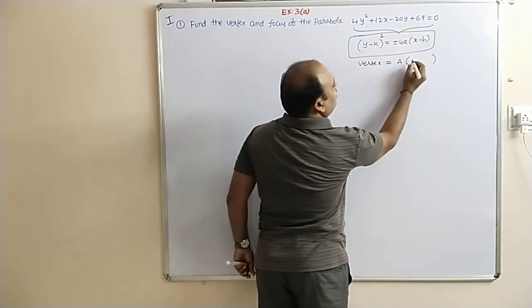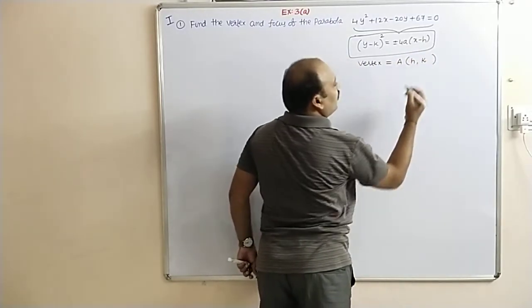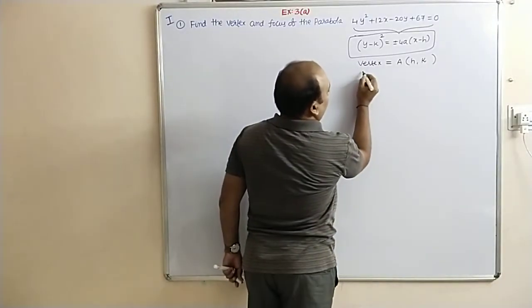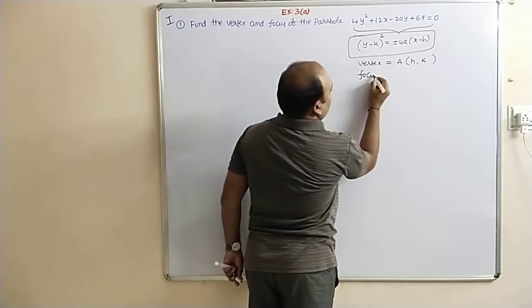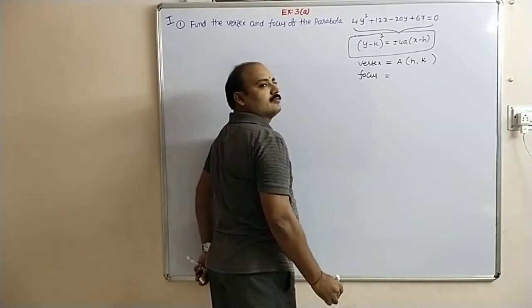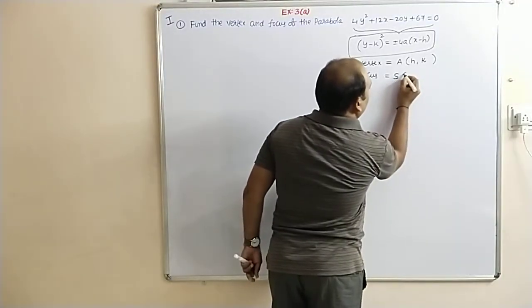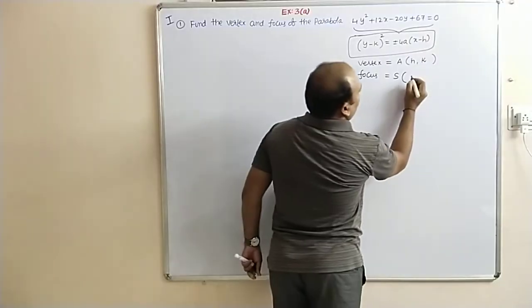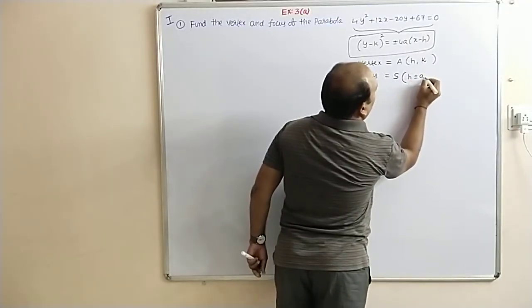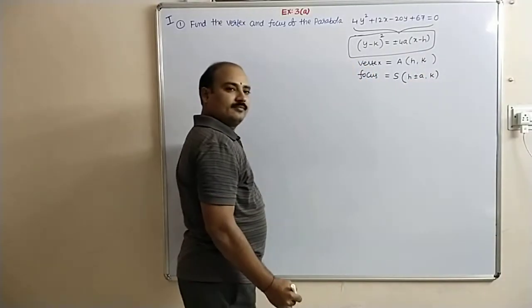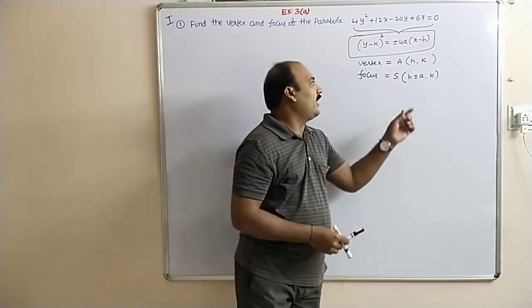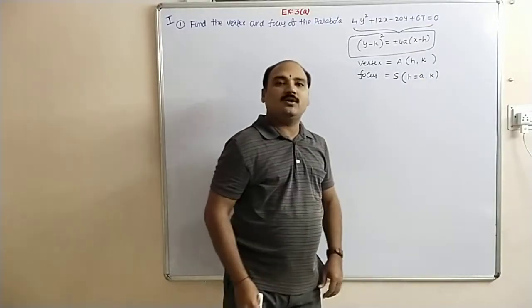H comma k is the vertex. The focus of this type of parabola is (h plus or minus a, k).